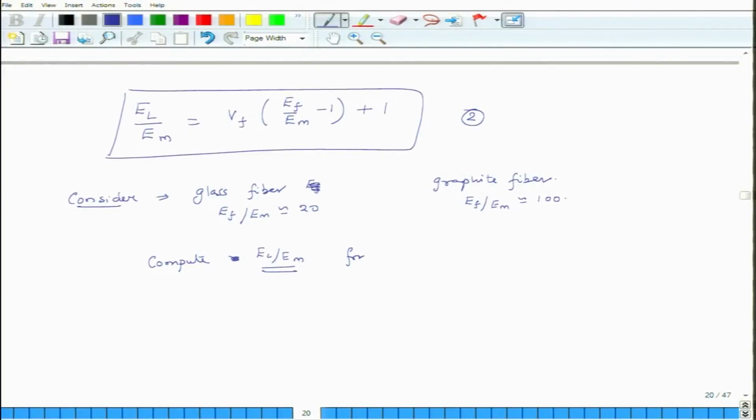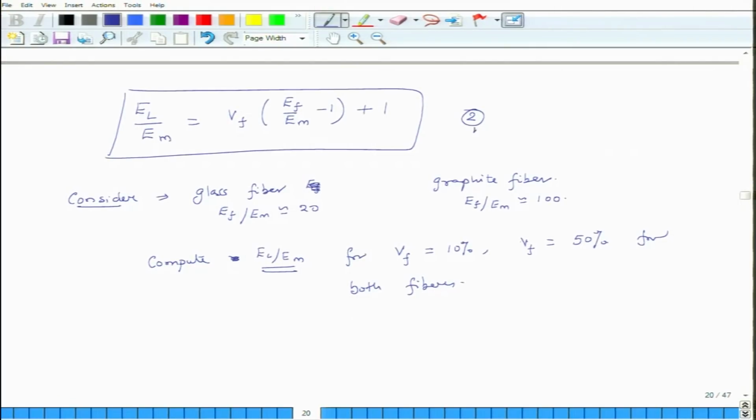So, compute EL over EM for VF equals 10% and VF equals 50% for both fibers.